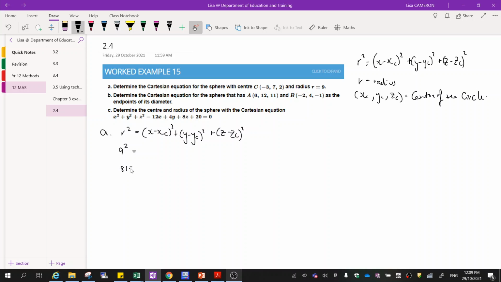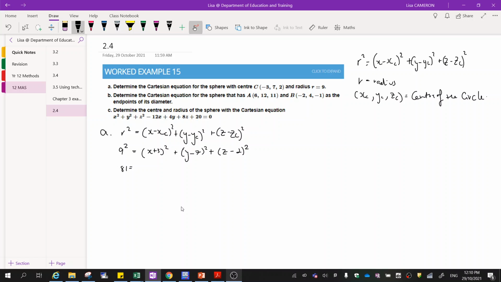So that's going to be 81. Then I've got that the X coordinate for the center is at -3. So the minus -3 will become plus 3 squared plus Y minus 7 squared plus Z minus 2 squared. Okay, and that's all we need to do for that one.